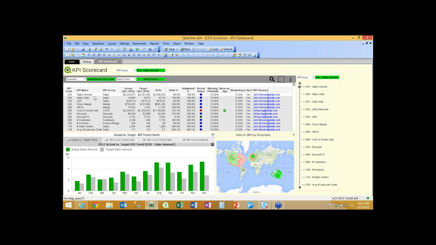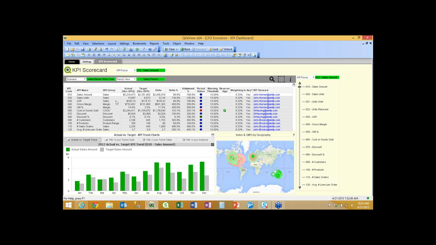But you can see that each one has a name and a description. We've tried to group some of these together, so you might consider, even within the fact that we've already said this is really more of a sales KPI scorecard, that perhaps some of these KPIs are grouped together for different reasons.